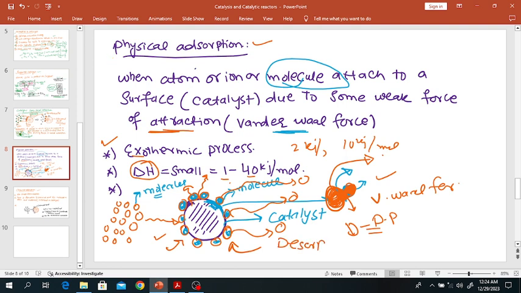So the molecule can be easily detached from the adsorbent in this process, either by heating the system or by decreasing the pressure. With the help of vacuum, if we decrease the pressure, then these atoms will be released from the surface, and such type of process will be called desorption.